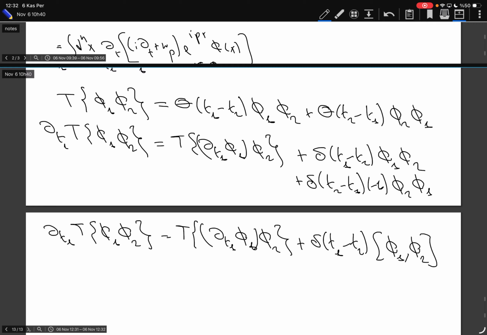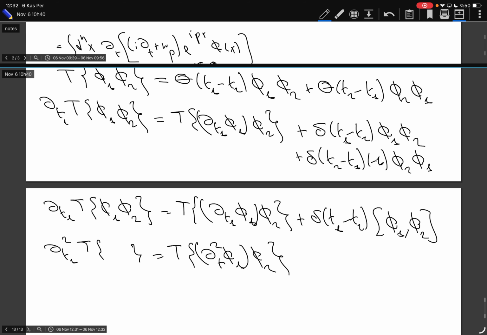If I take the time derivative once more, well, I will get several terms. I will get this one, the time derivative of my field, plus I will get the Dirac delta function and the commutator of these two fields, phi 1 and phi 2.